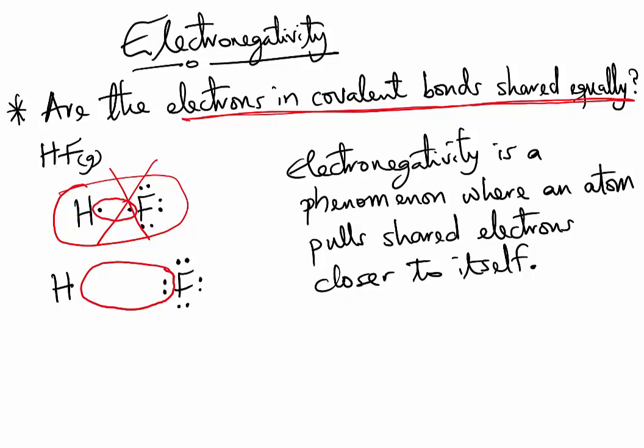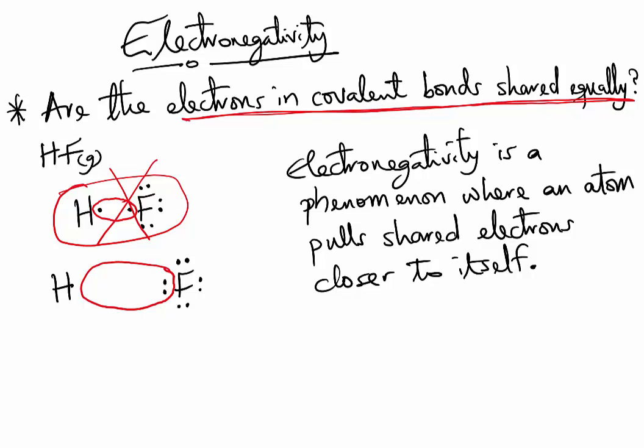This is then the next question. What is the consequence of one atom pulling shared electrons closer to itself? Let us first look at hydrogen in HF. Hydrogen contributed 1 electron to the 2 electrons being shared, but both electrons are now very far away from hydrogen.